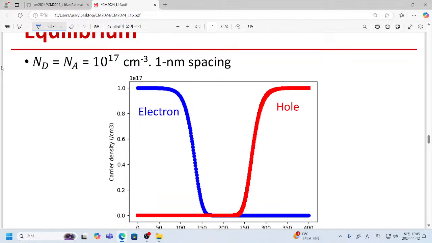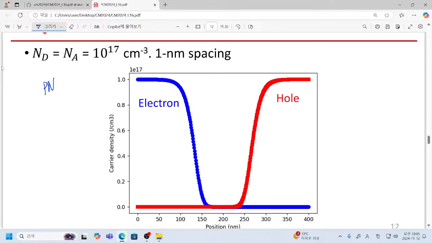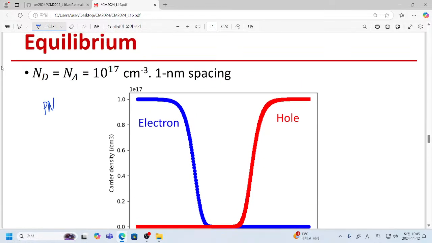So please consider a p-n junction. This p-n junction has the symmetric doping density 10 to the 17 per cubic centimeter. Both donors and acceptors have the density of 10 to the 17 per cubic centimeter.